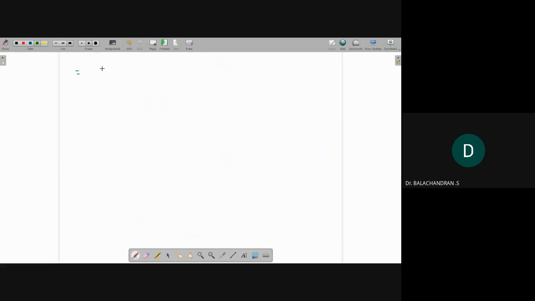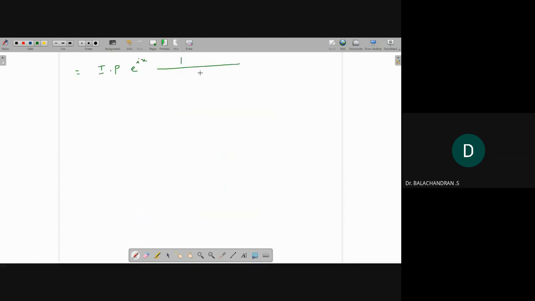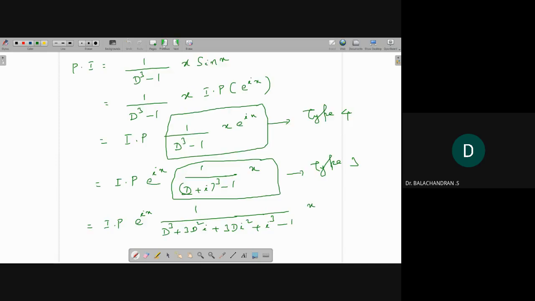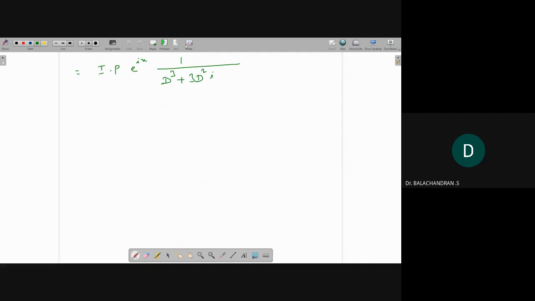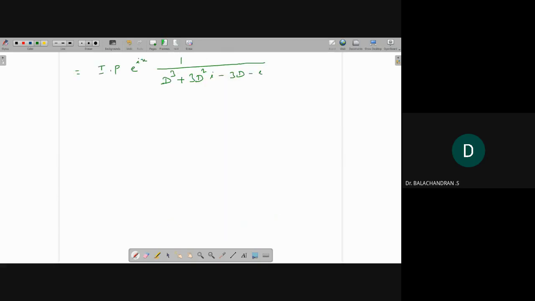So which is equal to imaginary part of e power ix into 1 by d cube plus 3d square I, okay, plus 3d I square is minus 1, so minus 3d, and then I cube, I square is minus 1, I cube is minus I, and then minus 1.